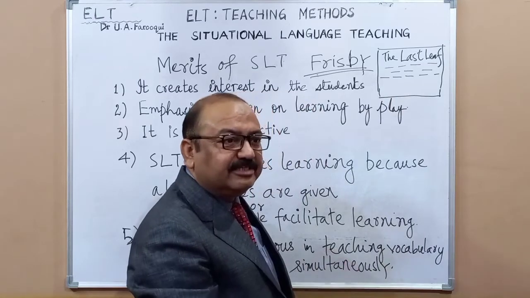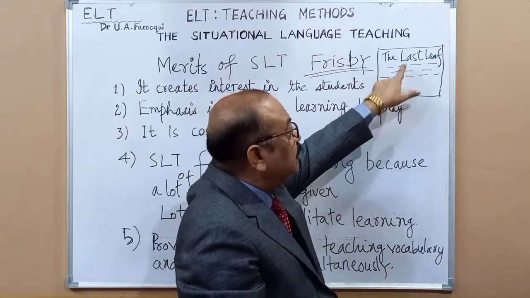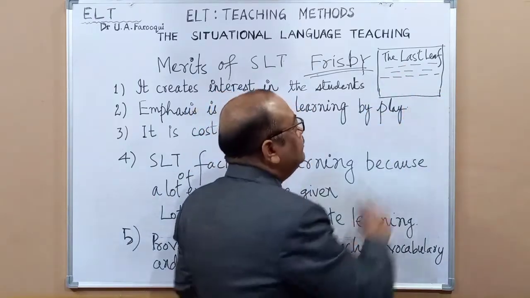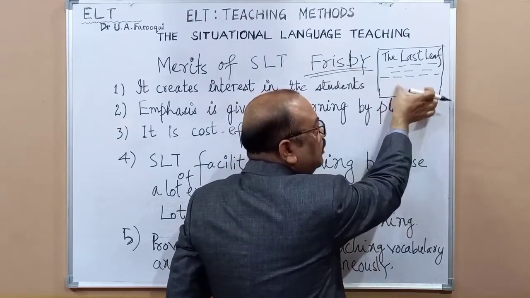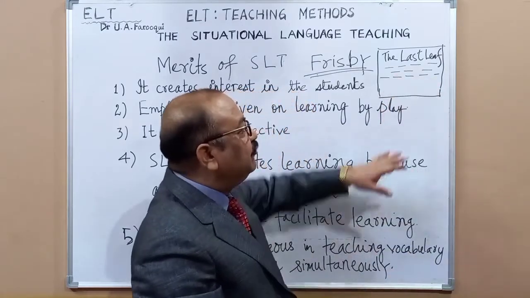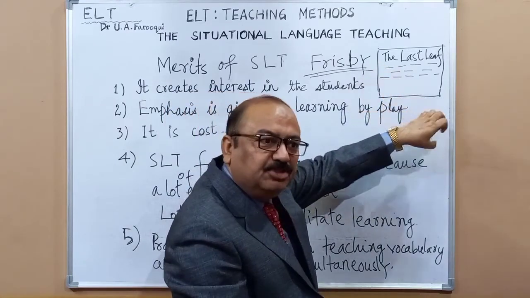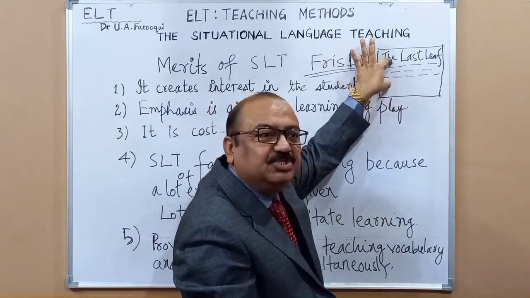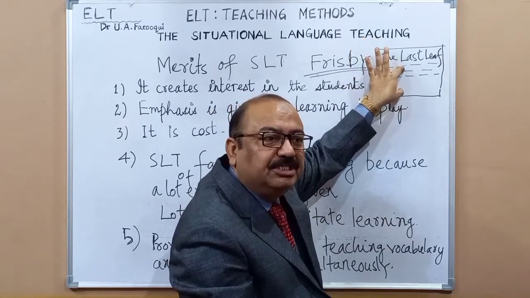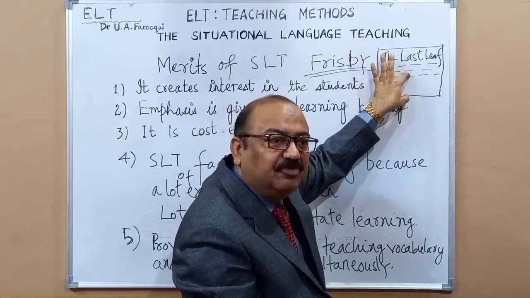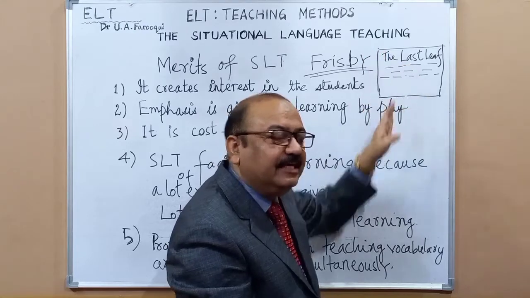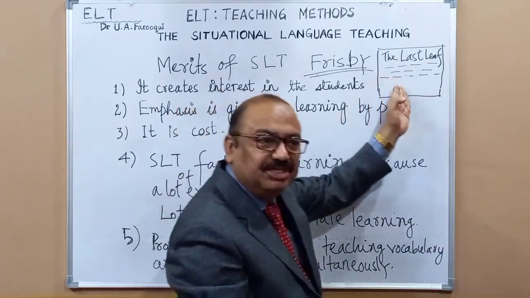So what does a teacher do? Because these words are going to occur in the main story, The Last Leaf, before coming to the actual story, he would discuss these words. He would tell them the meaning of these words, and at the same time, he would tell their pronunciation.